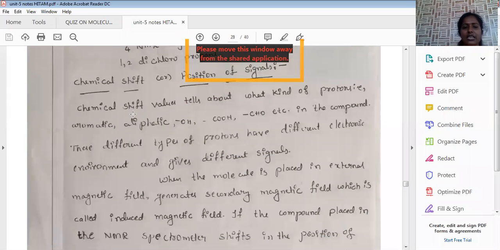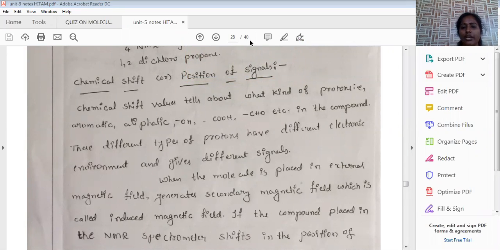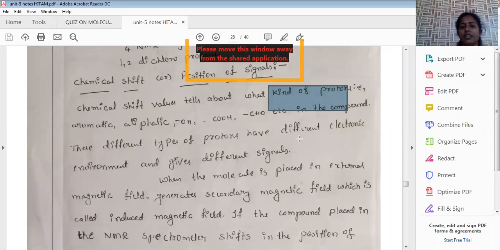These chemical shift values of a given compound are mainly used to explain the kind of protons present in the molecule. If the proton is present in an aldehyde group or carboxylic acid, hydroxy, carboxylic acid or aldehydic, any kind of hydrogen can be identified.